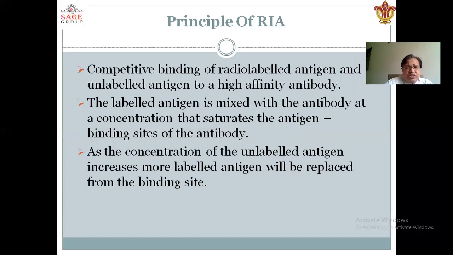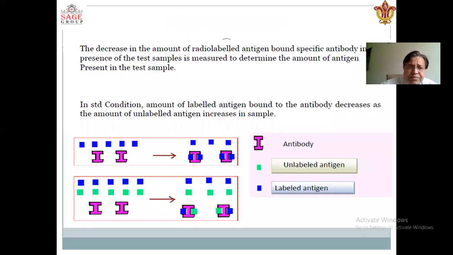As the concentration of the unlabeled antigen increases, more labeled antigen will be replaced from the binding site. Here you can see the decrease in the amount of radiolabeled antigen bound to the specific antibody in the presence of test sample is measured to determine the amount of antigen present in the test sample.